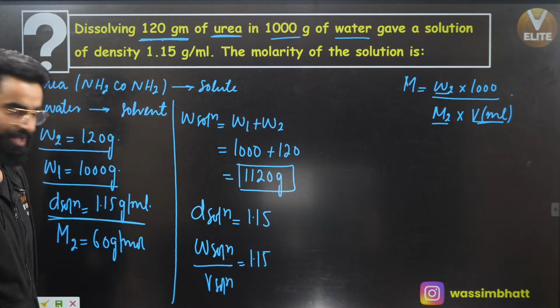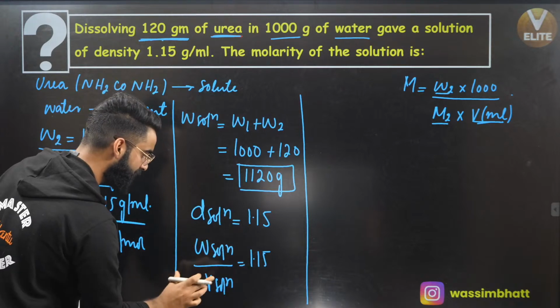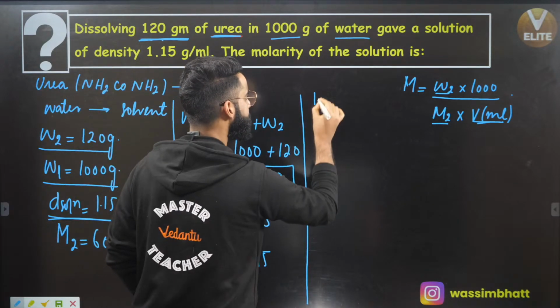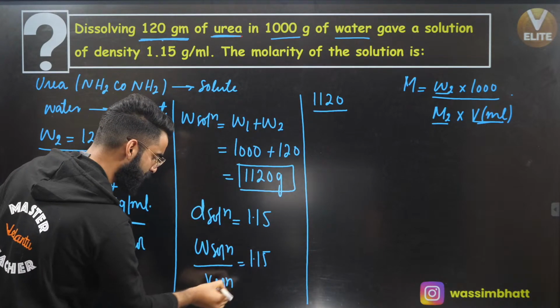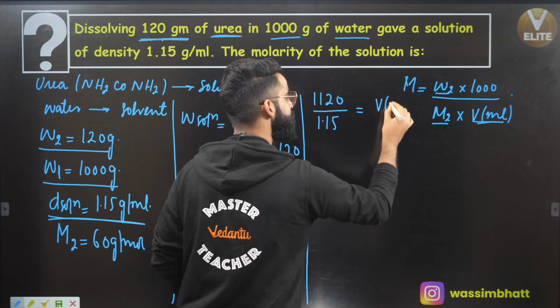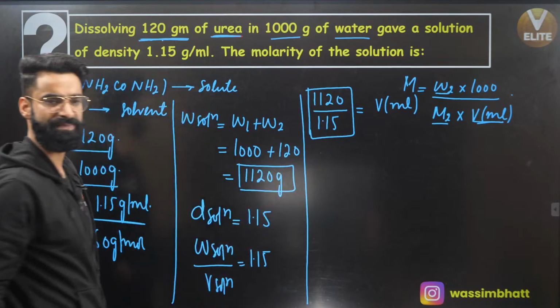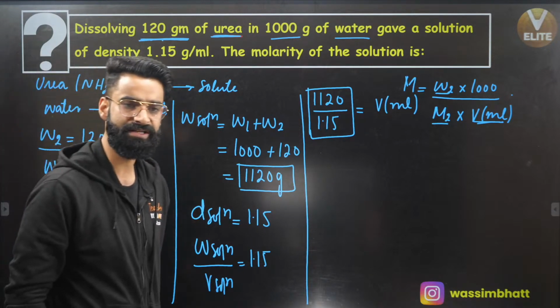Mass of solution I already know is 1120. So 1120 divided by 1.15 gives the volume of solution in ml. I'm sure it's clear to you.